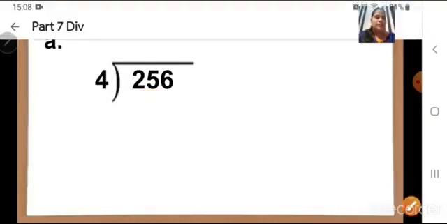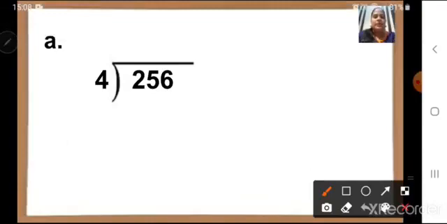So children, now tell me, number 25, will it go in 4's table? Let us say 4's table. 4 1s are 4, 4 2s are 8, 4 3s are 12, 4 4s are 16, 4 5s are 20, 4 6s are 24. Correct?